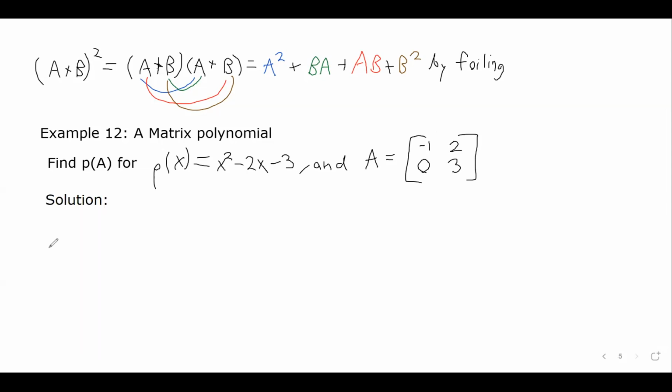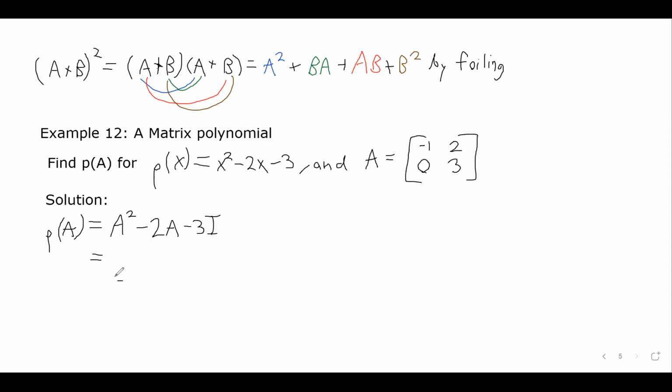Right, so we just substitute the matrix A into that polynomial, and the constant is now replaced with the constant times the identity matrix. That means that P of A is equal to A squared minus 2A minus 3I.